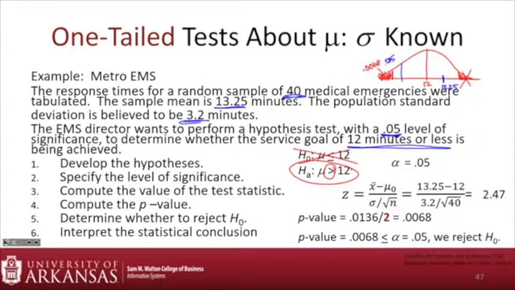The mean was 13.25 minutes, but is that really statistically different from 12? Our goal is 12 minutes, but we're making it in 13. Is 1 minute statistically significant? And in this case, yeah, it is.